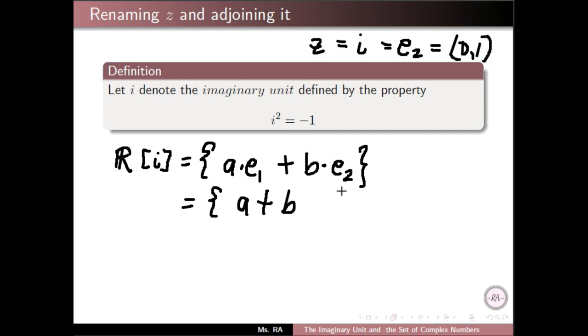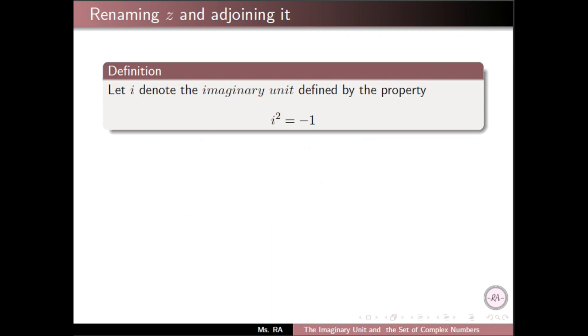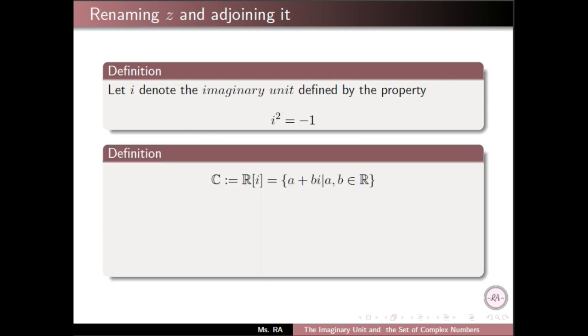So basically this e sub 2, we can rewrite as i. And that is just the familiar set of complex numbers. That's it. That is how the set of complex numbers could be defined.